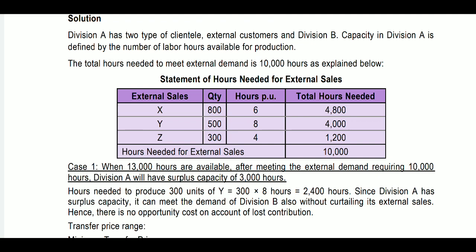So we will produce for division B what they want: 300 units, and 300 into 8 hours is 2,400 hours. Anyway, we have 3,000 hours, so we can produce with those 2,400 hours and will not incur any loss.